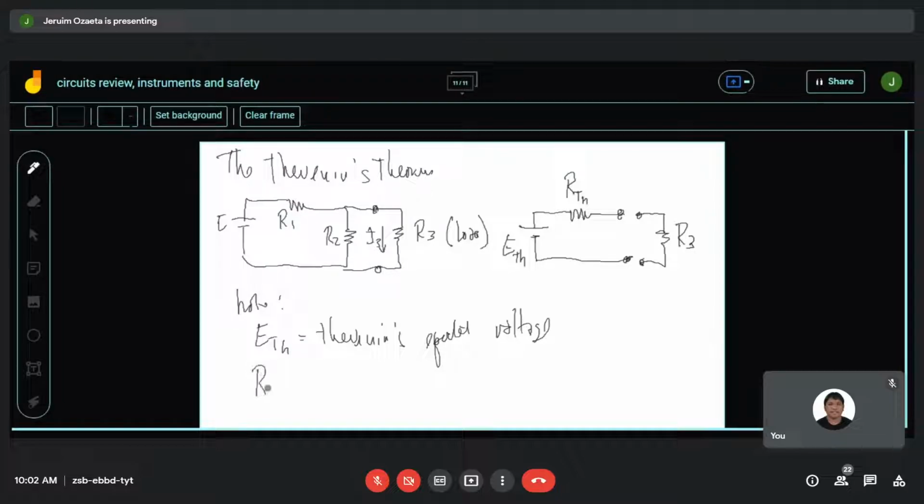The RTH is the Thevenin's equivalent resistance. Okay. Take note that what we did is we isolate the load. We isolate the load. Okay.